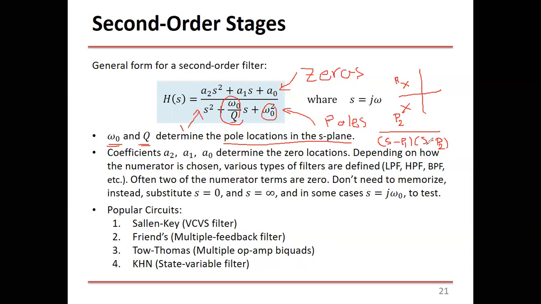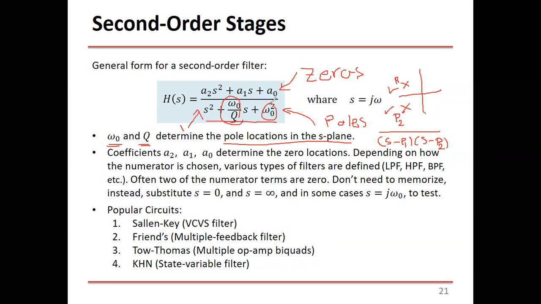And if you expand these two factors, you're going to get this polynomial, right? From the values, P1 is given, P2 is given, right? So if you know these values and you expand this one, you're going to get this polynomial. Once you get this polynomial, look at the coefficient of S. This is omega 0 over Q. Look at the free term coefficient. This is omega 0 squared.